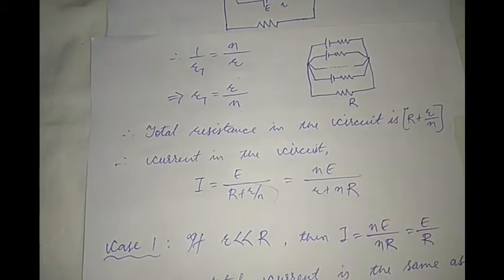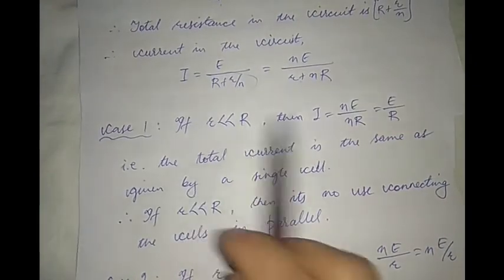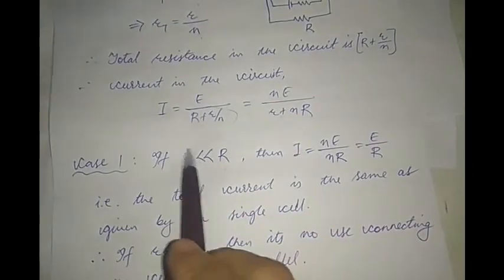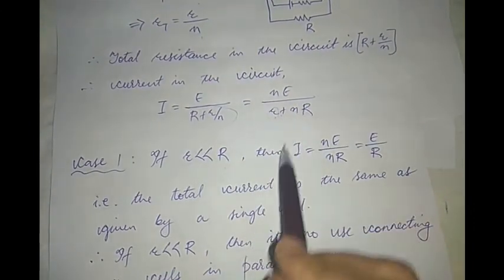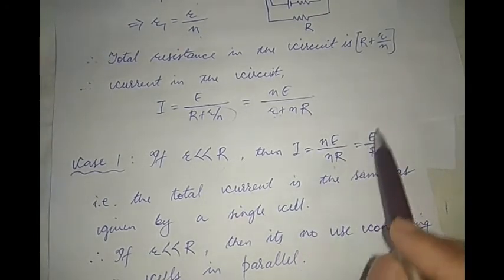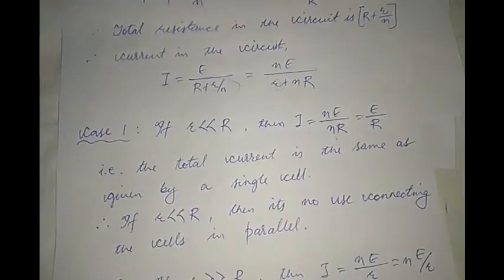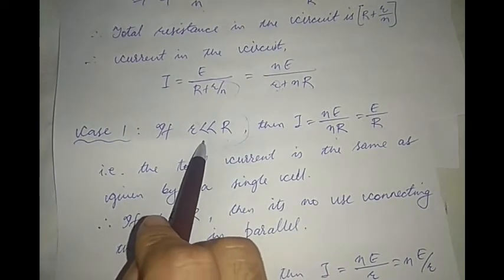Now again we have 2 cases. If the internal resistance is much lesser than R, then this term can be neglected. So the current will be nE upon nR, so n and n divide each other, which is E by R. That is, the total current is the same as given by a single cell. We've already seen that if this is the case, it is beneficial to connect the cells in series.